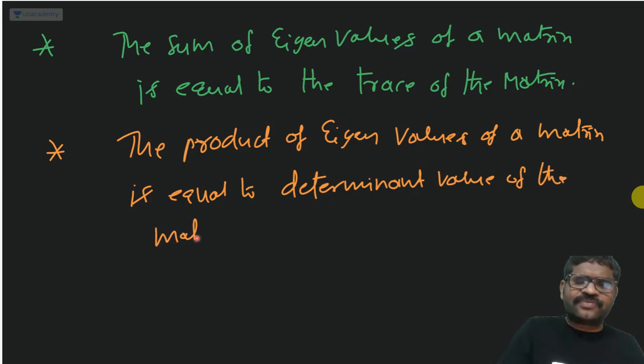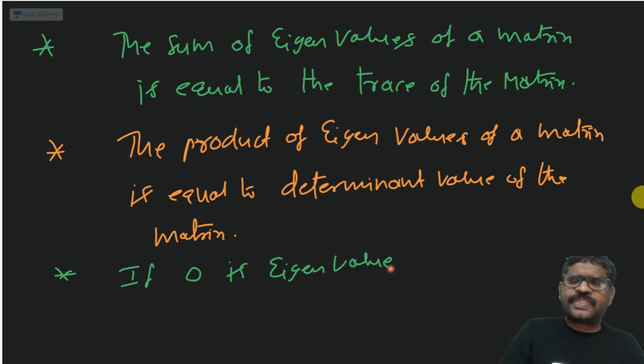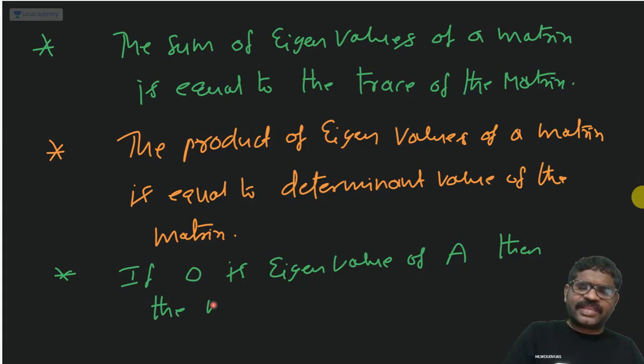Determinant value of the matrix. Third one, if 0 is an eigenvalue of A, then the matrix is singular.